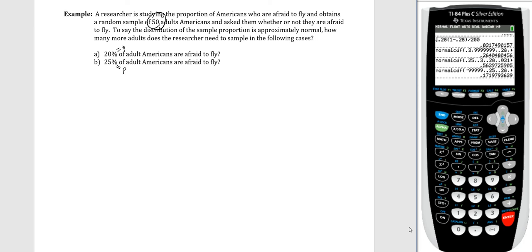All right. Well, for A, we need to check to see if n is big enough, and if not, how many more we need. So we can use np(1 minus p) greater than or equal to 10, and solve for n like we did before, getting n greater than or equal to 10 divided by p times (1 minus p). Or in this case, n greater than or equal to 10 divided by 0.2 times (1 minus 0.2).